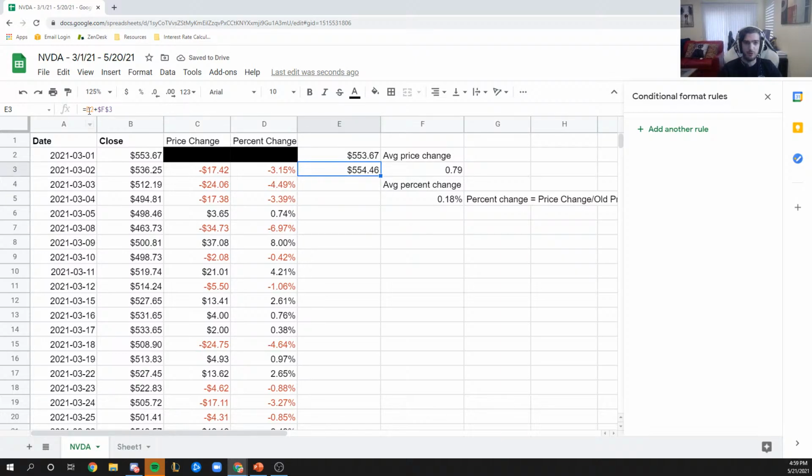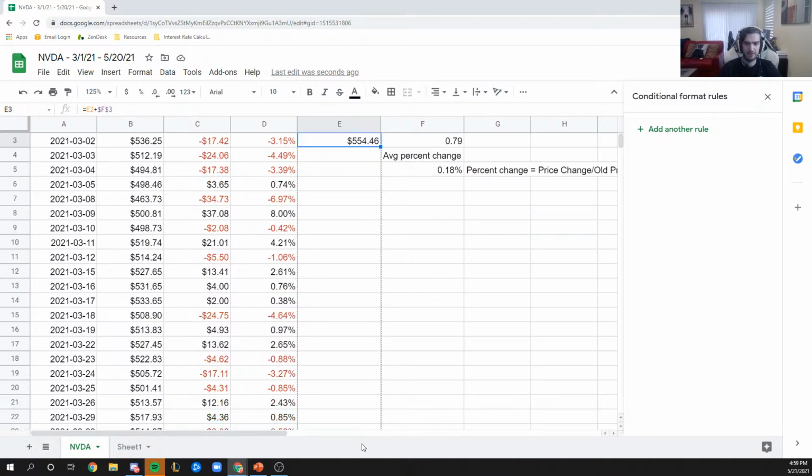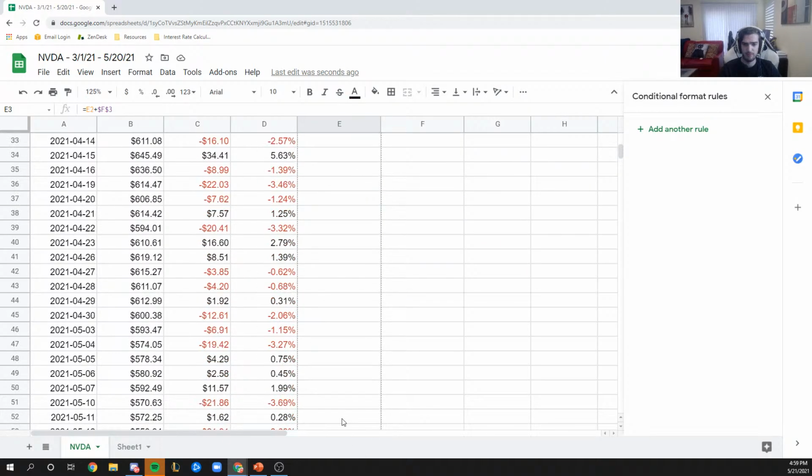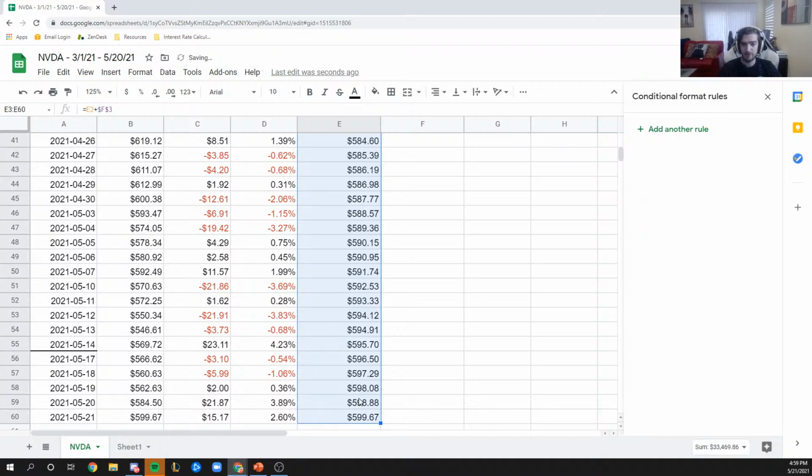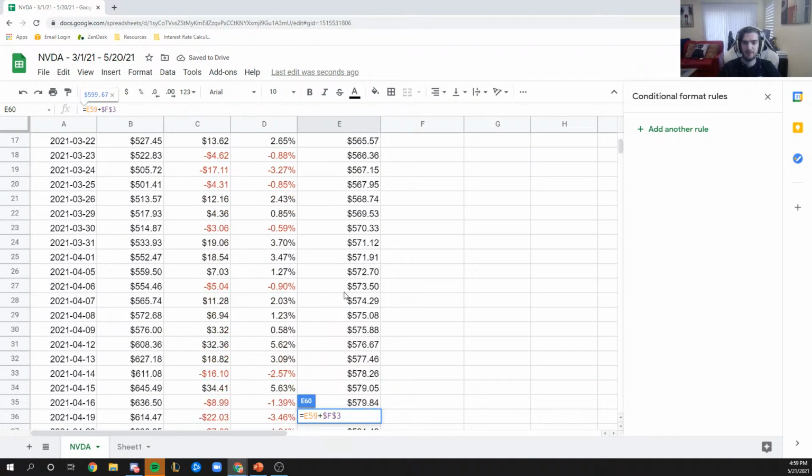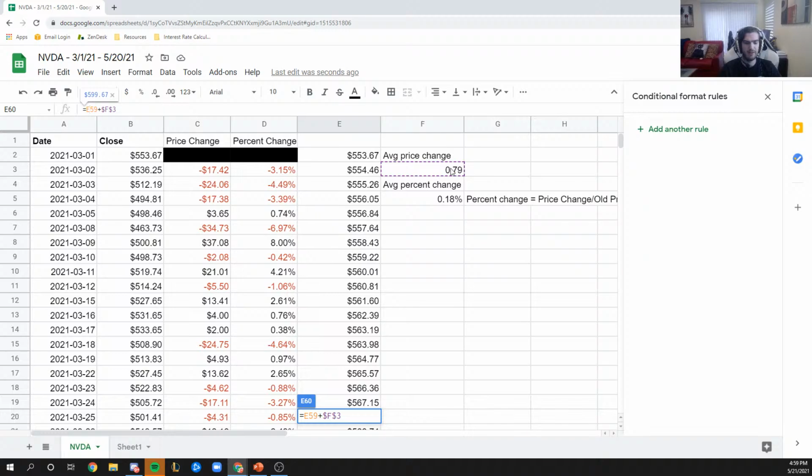So now what it's doing is it's taking the price from yesterday and adding the 79 cents. So if we drag this down, remember, the reference will change. What will not is the amount that it's going up by, our average price change.